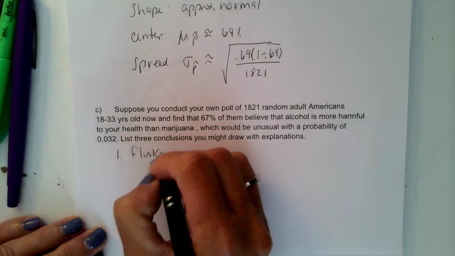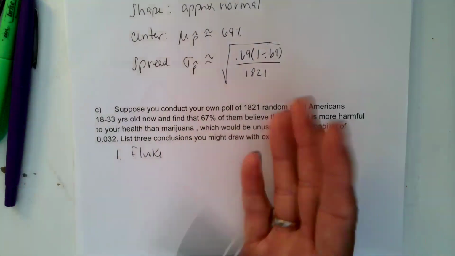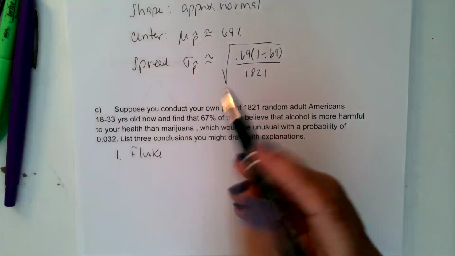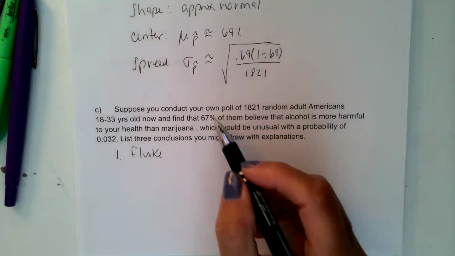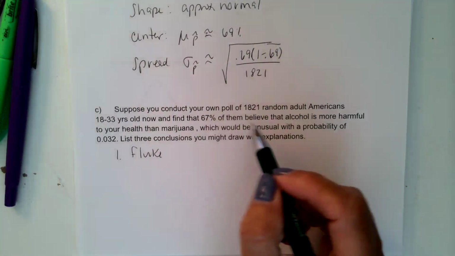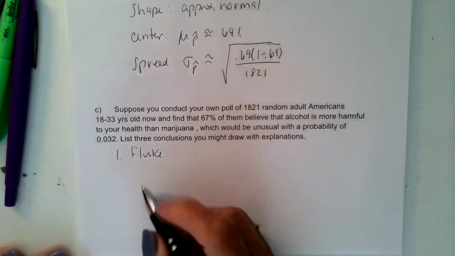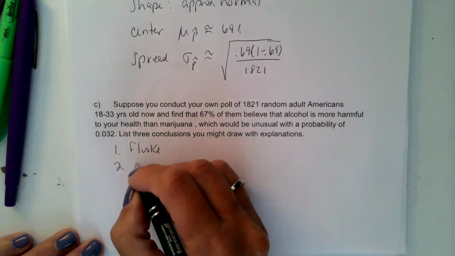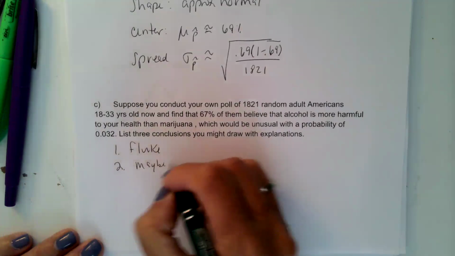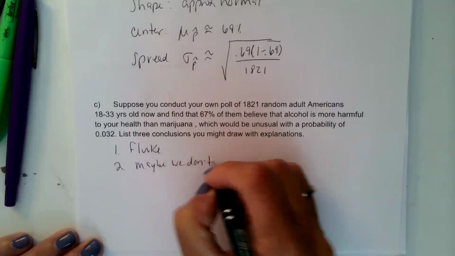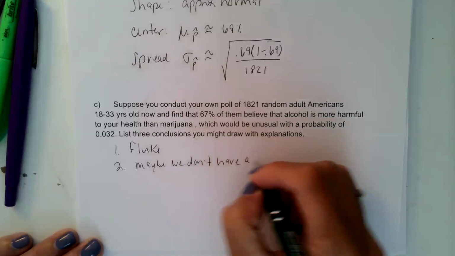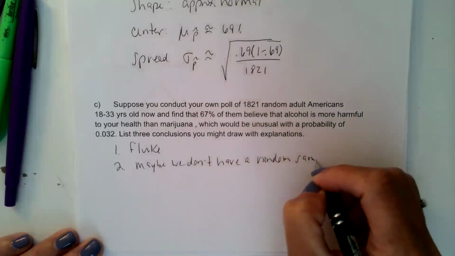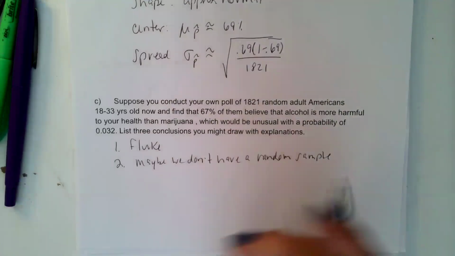It could be a fluke, right? It could have just happened that you sampled that many people and they are less likely to believe that alcohol is more harmful than marijuana. It could also be that maybe we don't have a random sample. So that could also be a possible thing that could have happened.